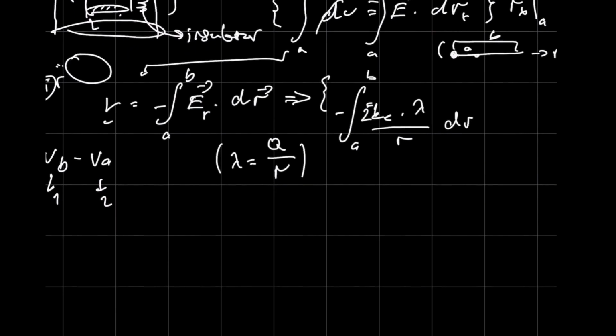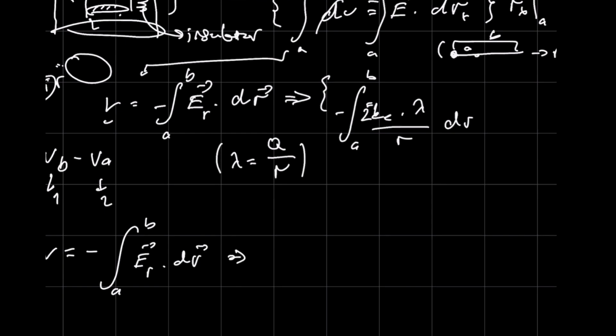Now imagine looking from above. The circumference at distance r is 2 pi r, and we want the total electric field around the full circle, not just along a single line. This is why the integral includes the constant 2k sub e, where k sub e is Coulomb's constant.